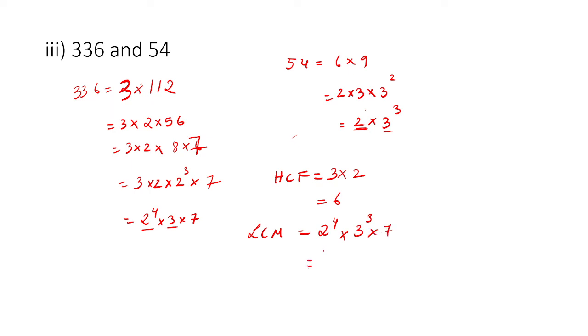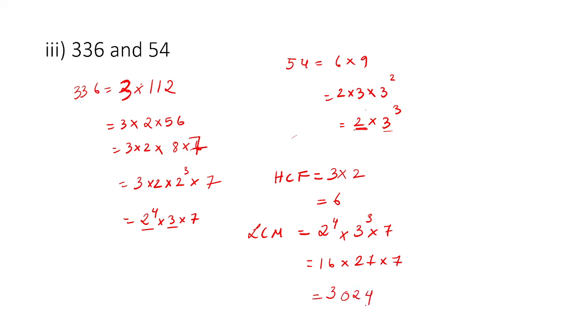So when you multiply this, you can open up the bracket. This will give you 16 into 27 into 7, and the answer for this is 27 into 16 into 7, which gives you 3024.